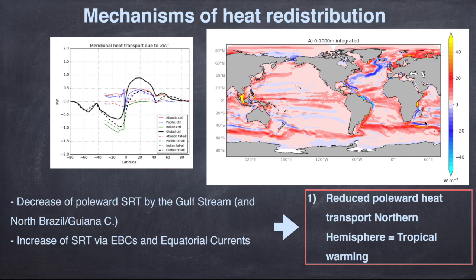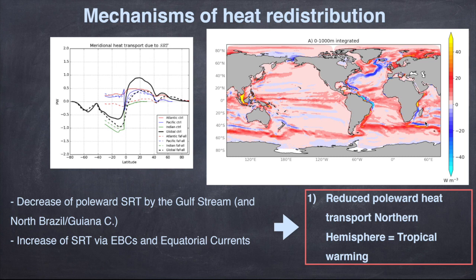In the northern hemisphere, we have a decrease of the polar heat transport, which when you look at the maps of vertical heat convergence in the upper 1,000 meters, you see that there is a decrease in the heat transport along the Gulf Stream, the North Brazil Current, and Guyana currents. But there is also an increase in the transport along the eastern boundary and equatorial currents.